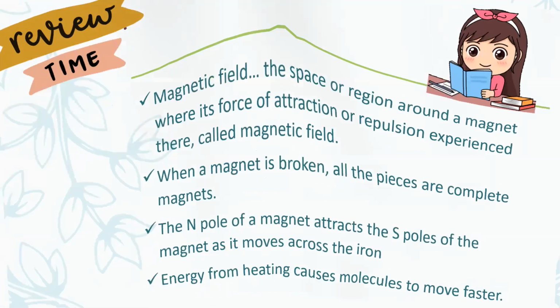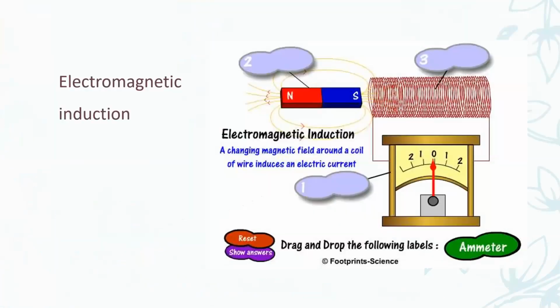Now today, let me start from electromagnetic induction. Dear students, you can see in this figure that there are three things. This is a coil, a bar magnet, and an ammeter.